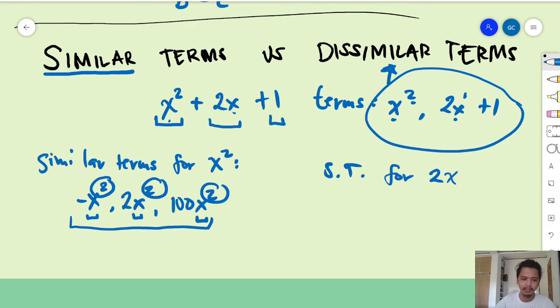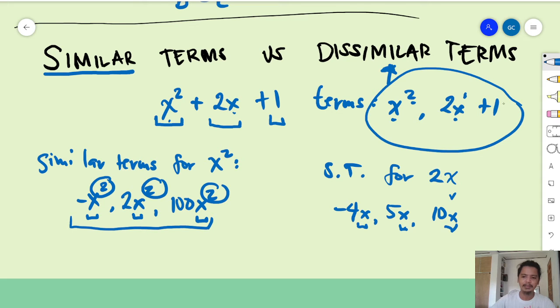Pwede dyan ang negative 4x, ang 5x, ang 10x. As long as yung variable niya ay parehas at same sila ng degree or same sila ng exponent.